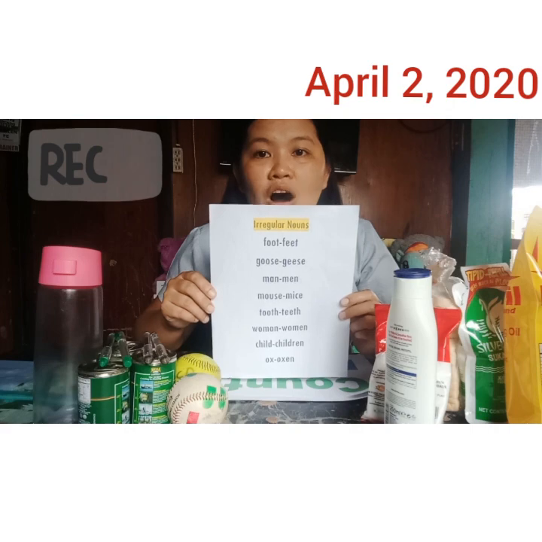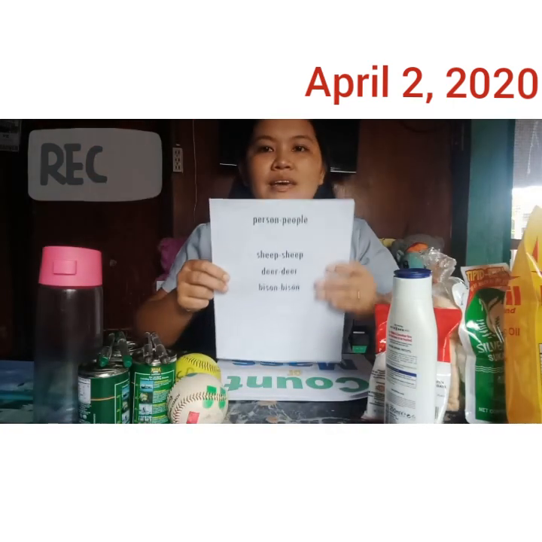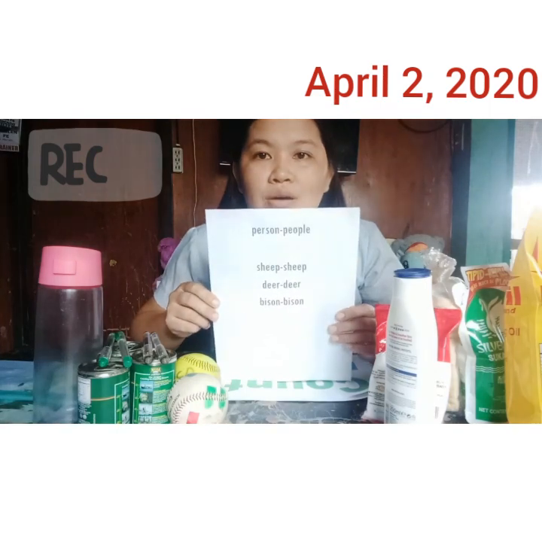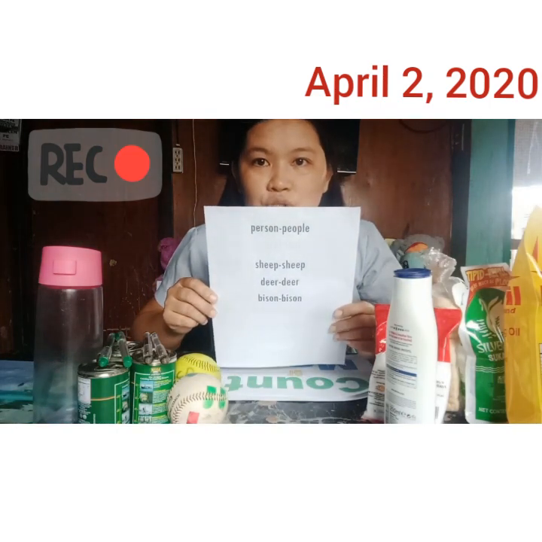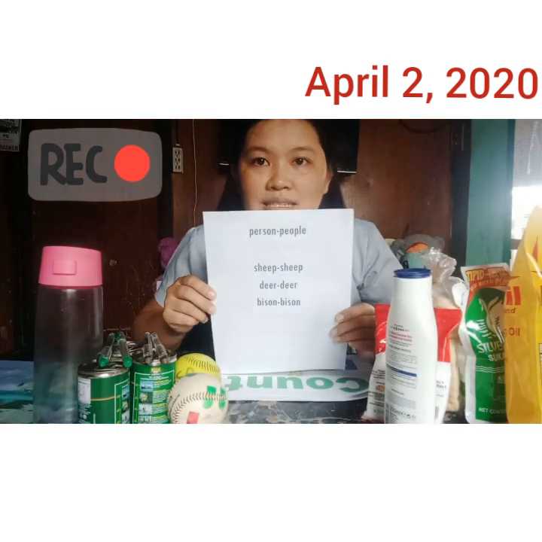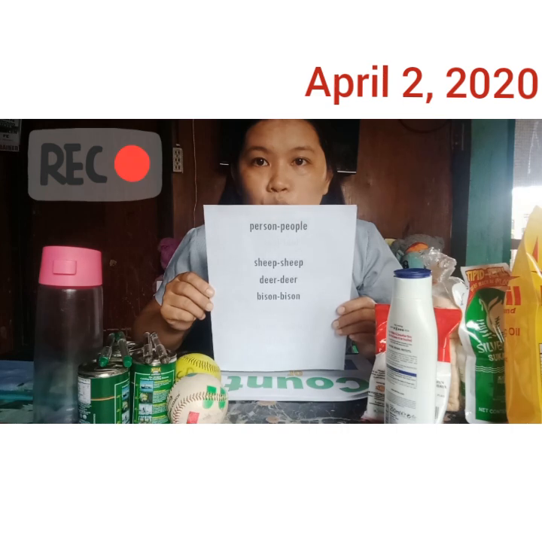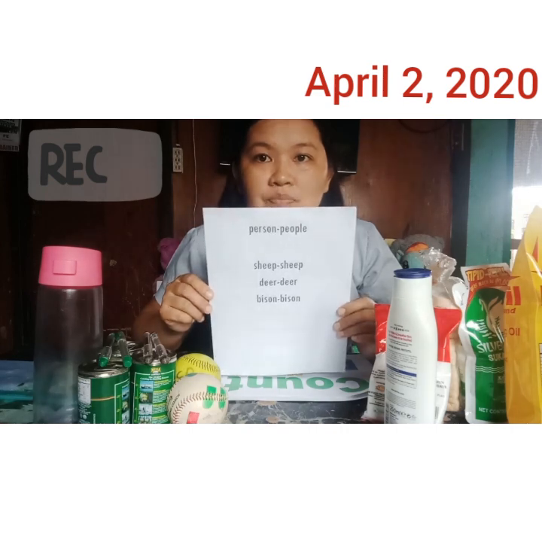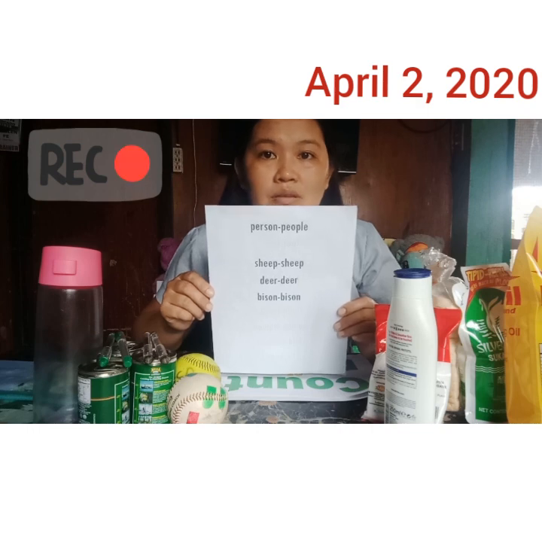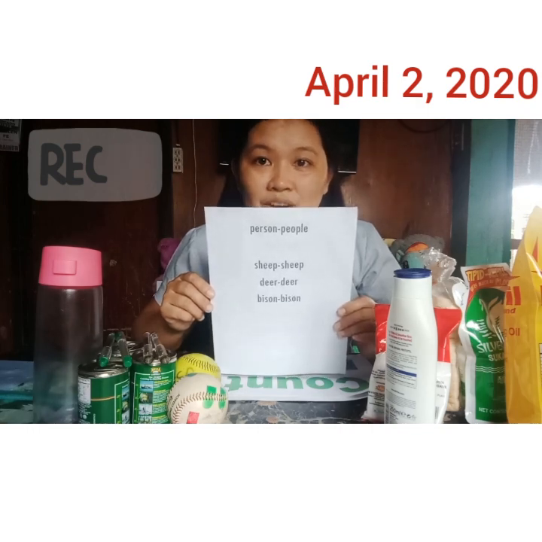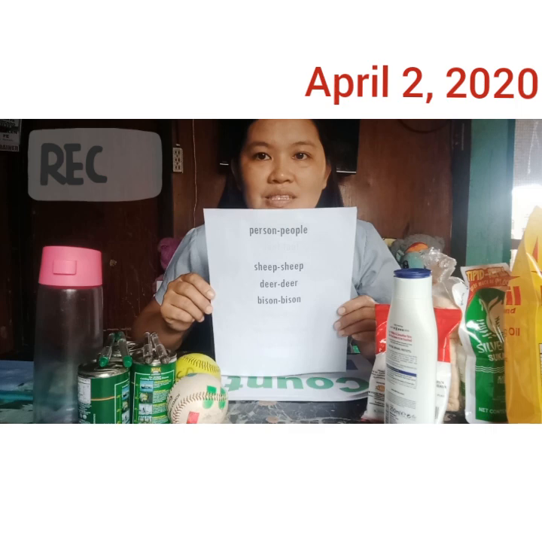We also have ox, oxen. Now there are also irregular nouns which have a new word for the plural, such as person, people. But in some cases, we can also say persons.